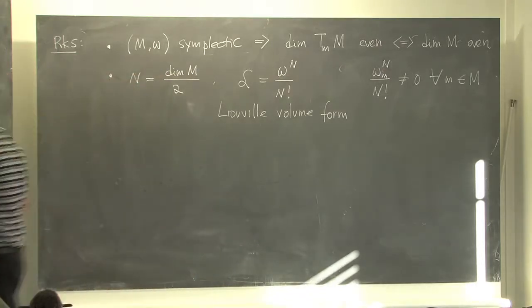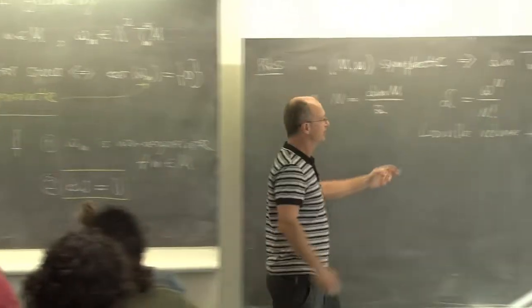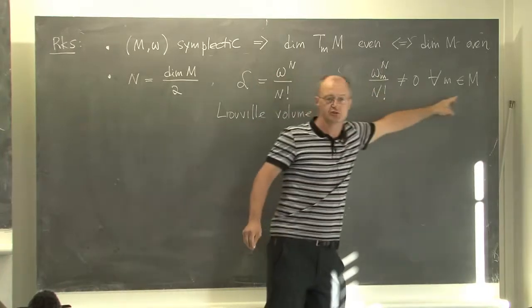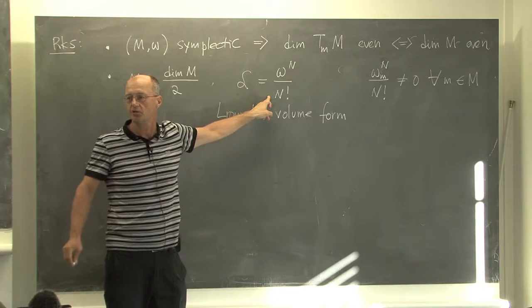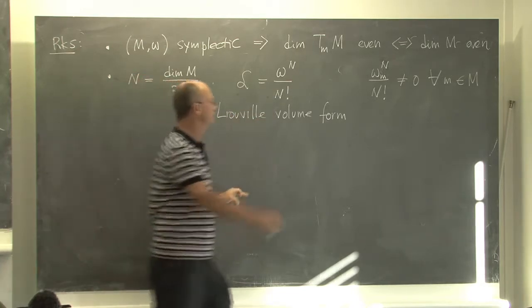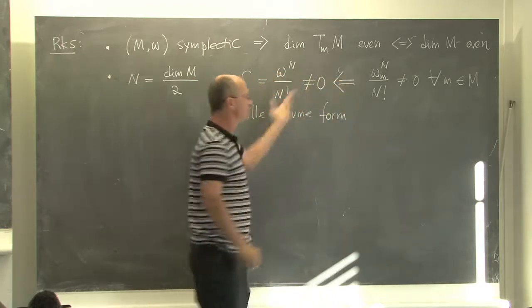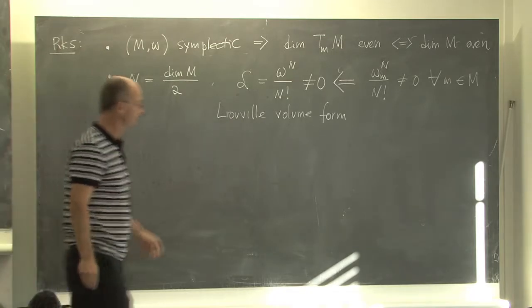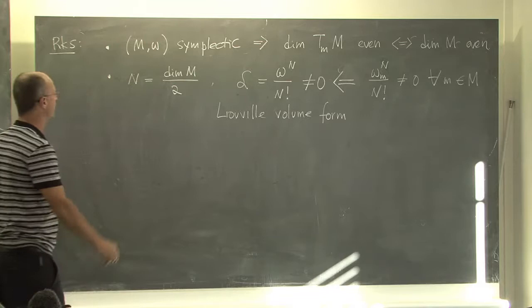For any point m in M, this is a symplectic vector space. What we discussed last time is that the top degree power of the corresponding 2-form is non-zero, so this is a nowhere vanishing top degree form, or in other words, a volume form. It is not 0 because we know from symplectic linear algebra that it doesn't vanish at any of the points of M.